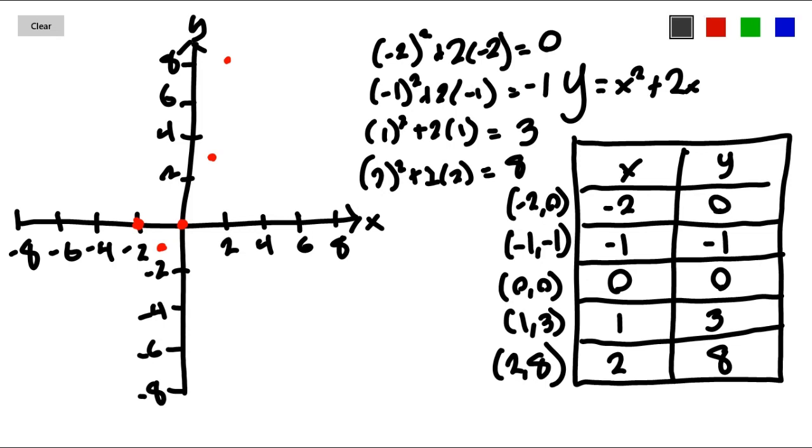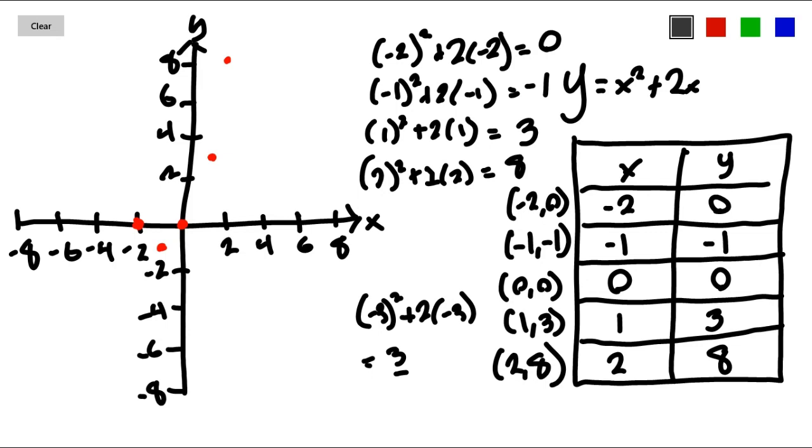And just for the sake of making this look a bit even, if I plug in -3 for x, -3 squared plus 2 times -3 gives me 9 minus 6, which is a positive 3.